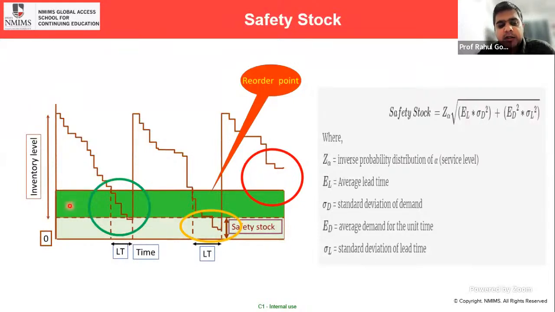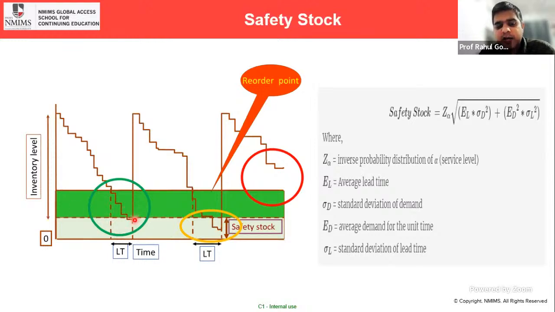If you look at this point, this is the point where you started, and this is the point wherein you receive the goods. So you have consumed a certain inventory in this period of time, and this inventory that you have consumed is called cycle stock. Cycle is the time that has gone between receiving one lot and the other.